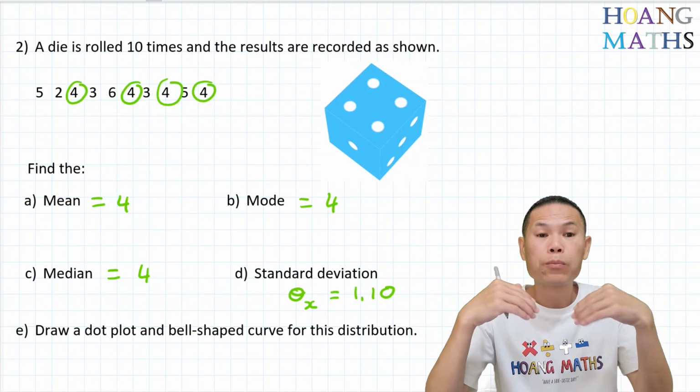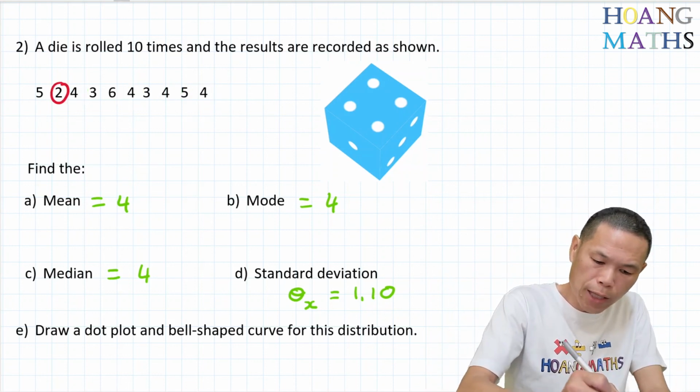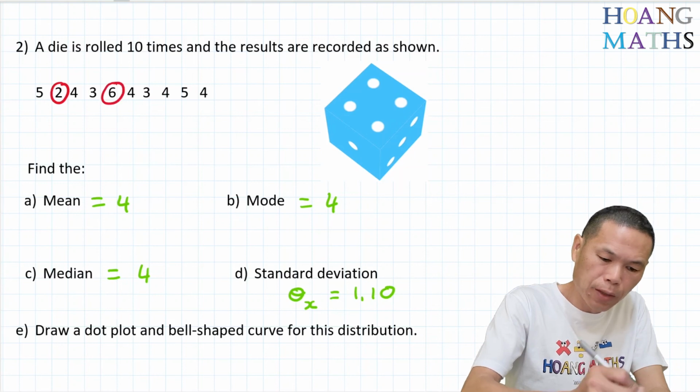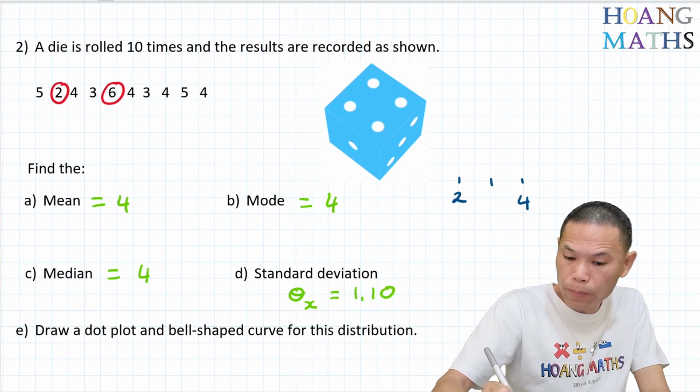Now we need to draw a dot plot for this. So the smallest score is 2, the largest is 6. So we just start from 2, 3, 4, 5, and 6 here.